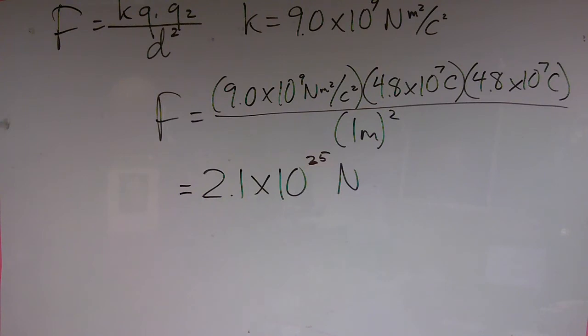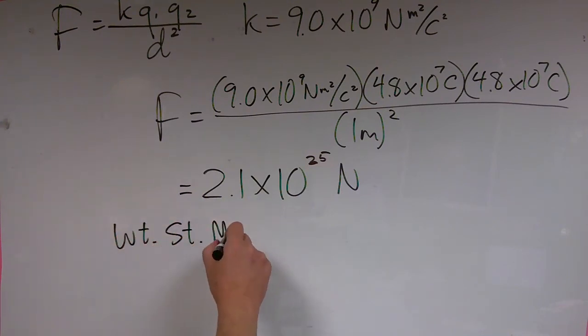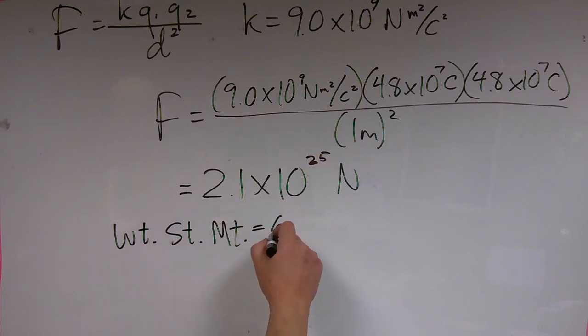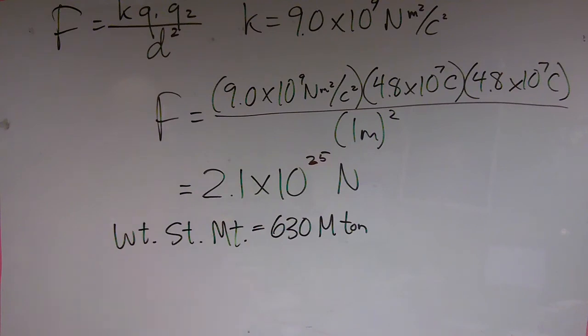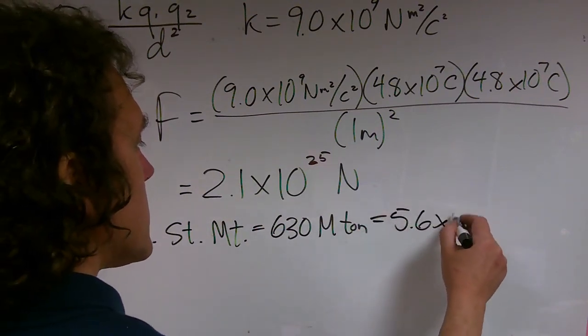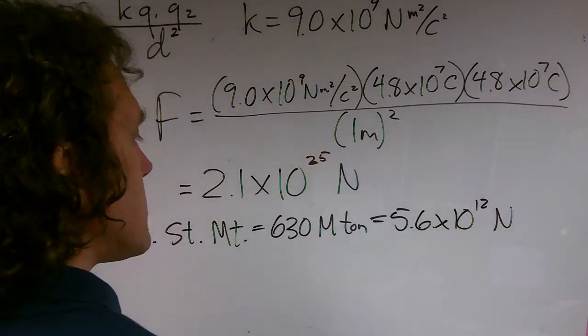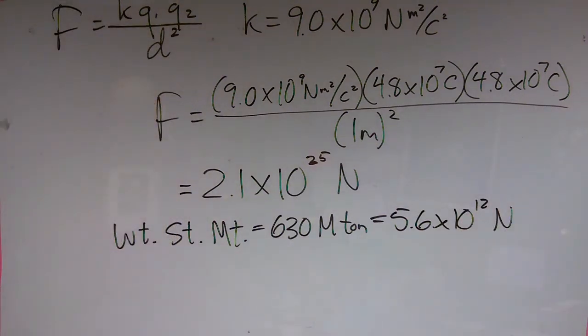The weight of Stone Mountain is about 630 million tons, which is about 5.6 times 10 to the 12 newtons. So there's a large unit of force that we can use, at least in the Atlanta area, to talk about real large quantities of force.